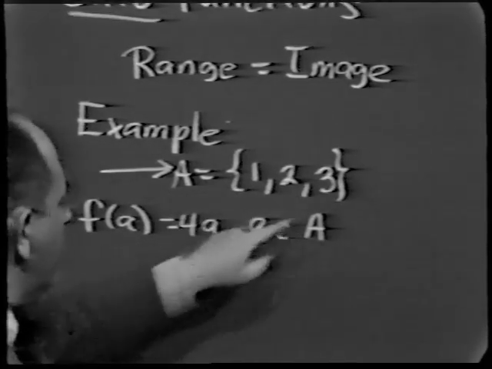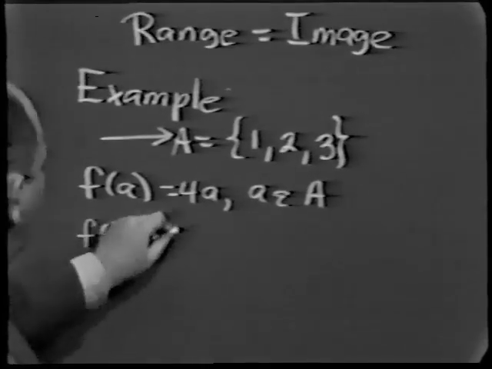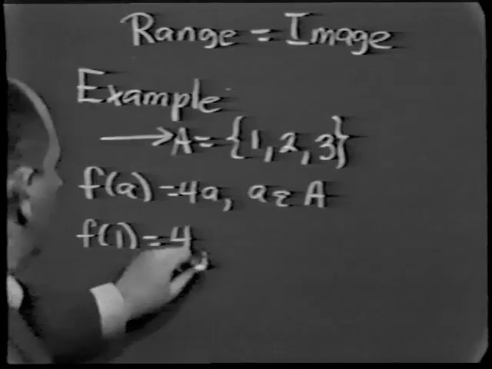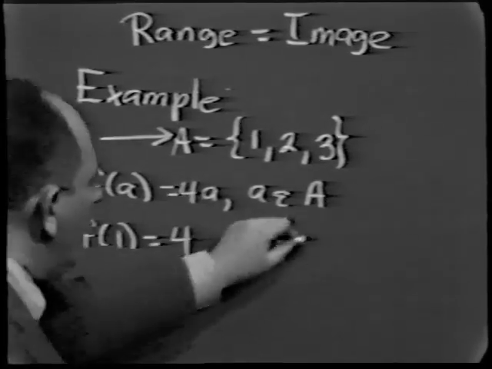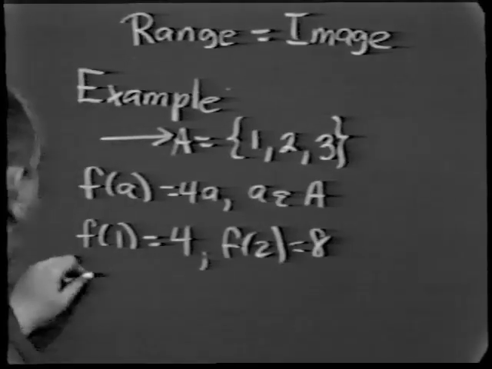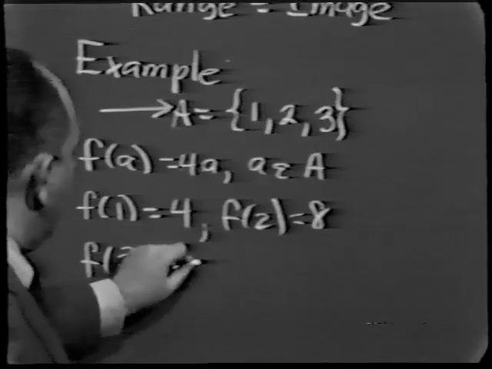They're 1, 2, and 3. So according to this recipe, what do we have? Well, f of 1 is 4. f of 2, it's what? 4 times 2 is 8. And f of 3, that's what? 4 times 3 is 12.